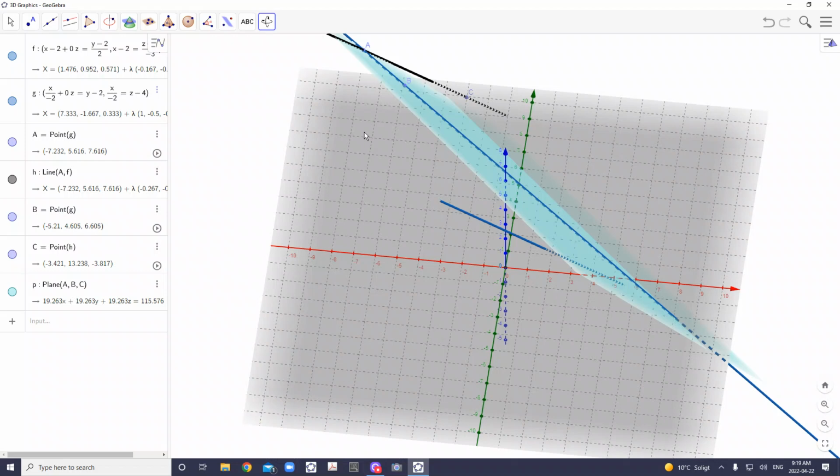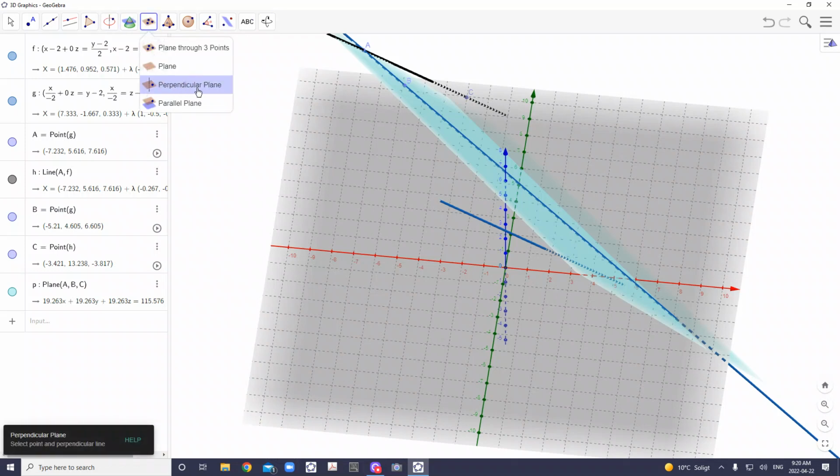Now what I'm supposed to do? I am supposed to draw another line which passes through this intersection point A, but is now perpendicular to the plane that I just drew, yes? So I can go here, perpendicular.